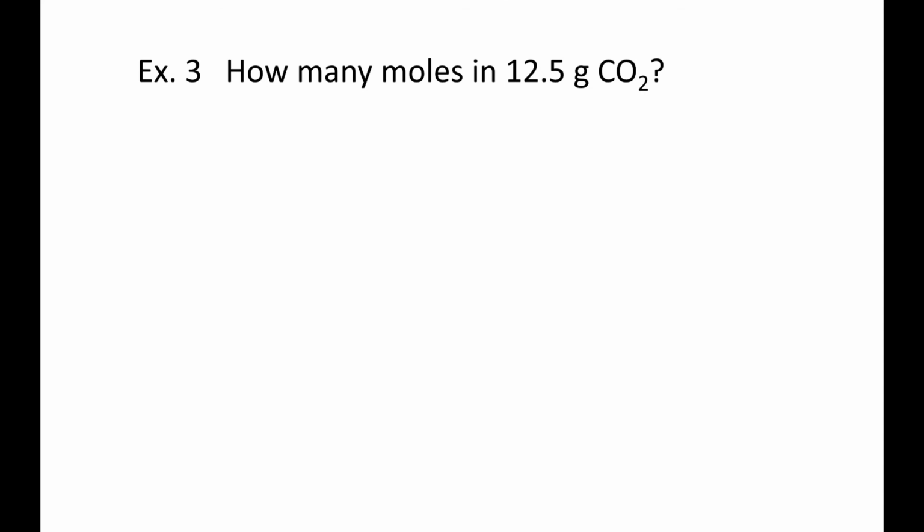Okay, let's try another one. This time we're looking for moles, and we've got grams. We still need 1 mole of CO2. When we add up a carbon and 2 oxygens, we get 44.01 grams. So we're going to start out with 12.5 grams of CO2.